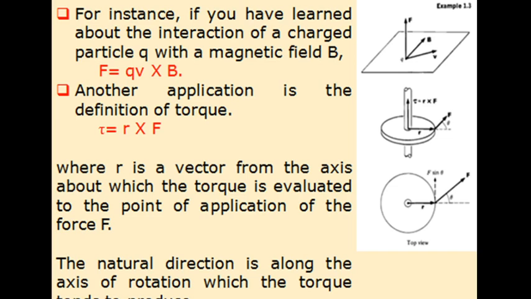Taking the right hand thumb rule and the cross product of v with b, the force will be applied in the direction of the thumb, that is the upward direction or the direction coming outside the page. So v cross b is coming outside, so the force is in that particular direction.